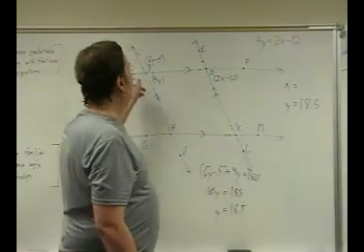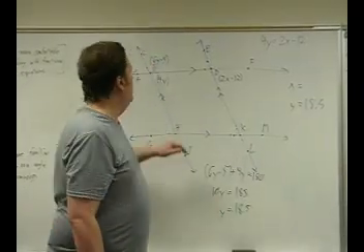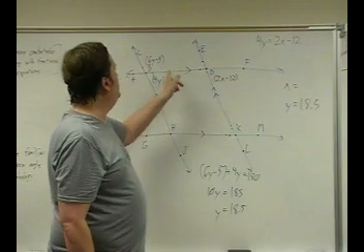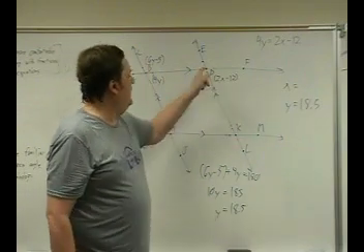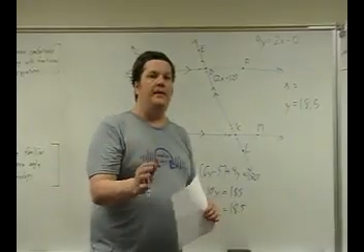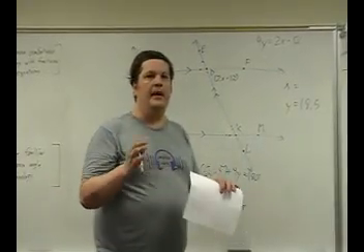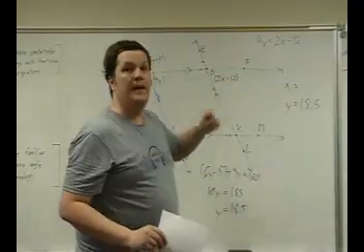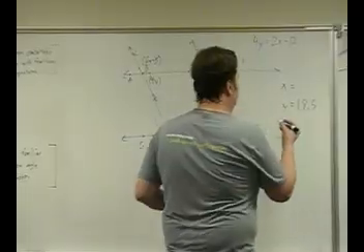The transversal is AF. So these two angles, DBH and FDK, are corresponding angles. Because they're corresponding angles of parallel lines cut by a transversal, you know they're equal. You know they're congruent.